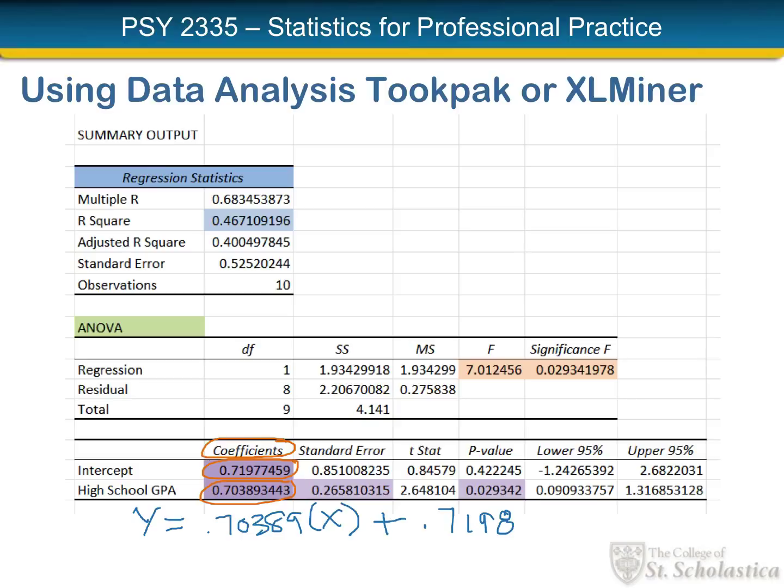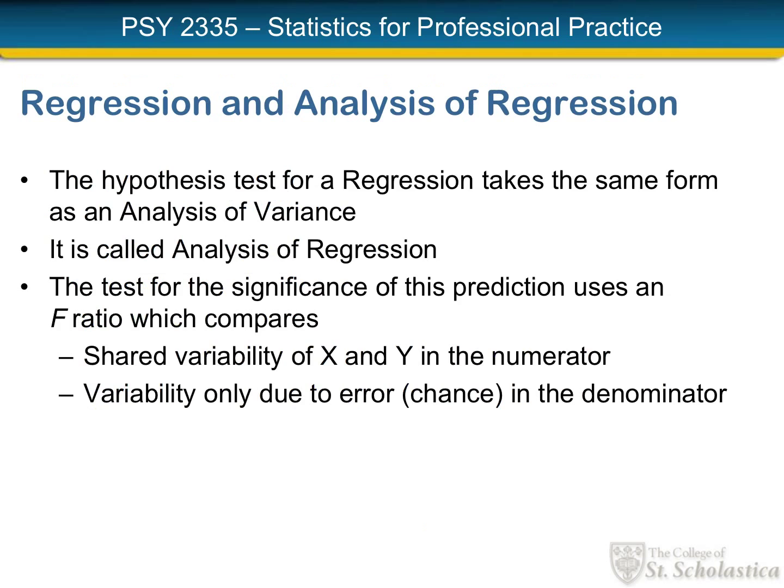This lets me know that my college GPA outcome variable will increase about 0.70389 for each 1 point increase in high school GPA. So the first thing we've been able to do is create the regression line equation using the coefficients.